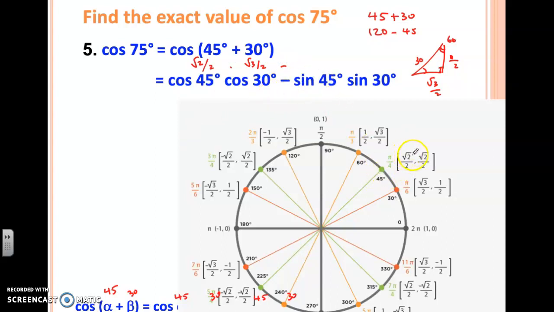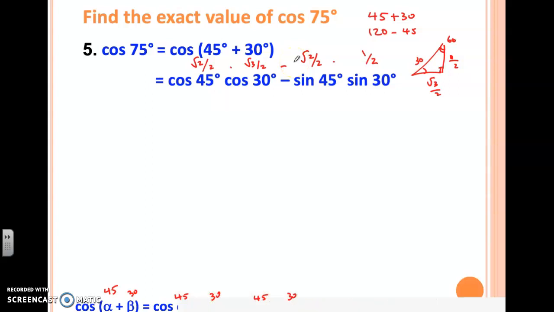At 45, my cosine and my sine are the same, so sine is square root 2 over 2, times sine of 30. Go to 30. This is the x value, which is cosine. This is the y value, which is sine. Sine of 30 is 1/2. I got my values from my unit circle. This we need to know, so hopefully you study and know those values.